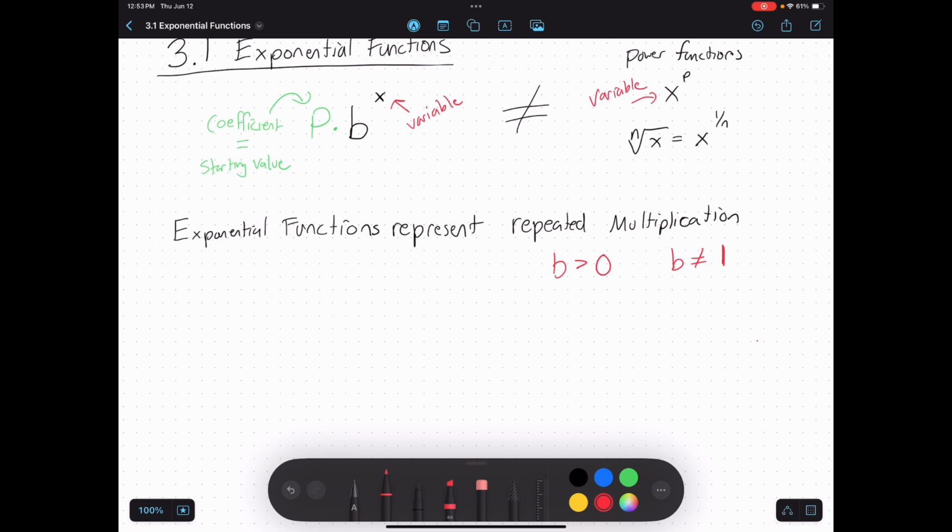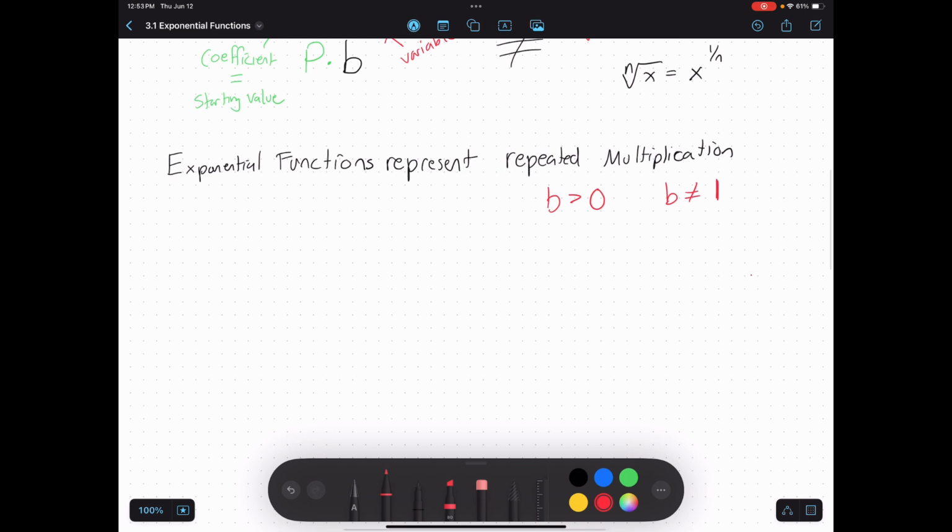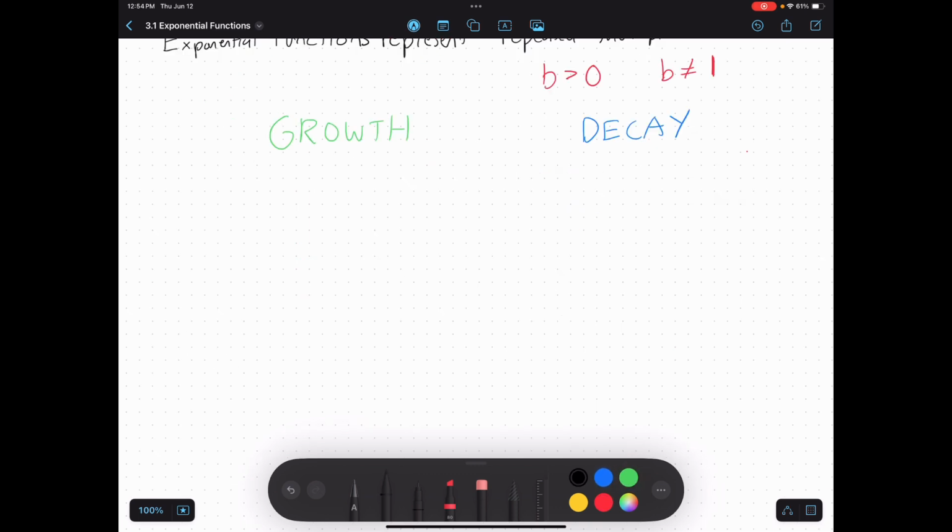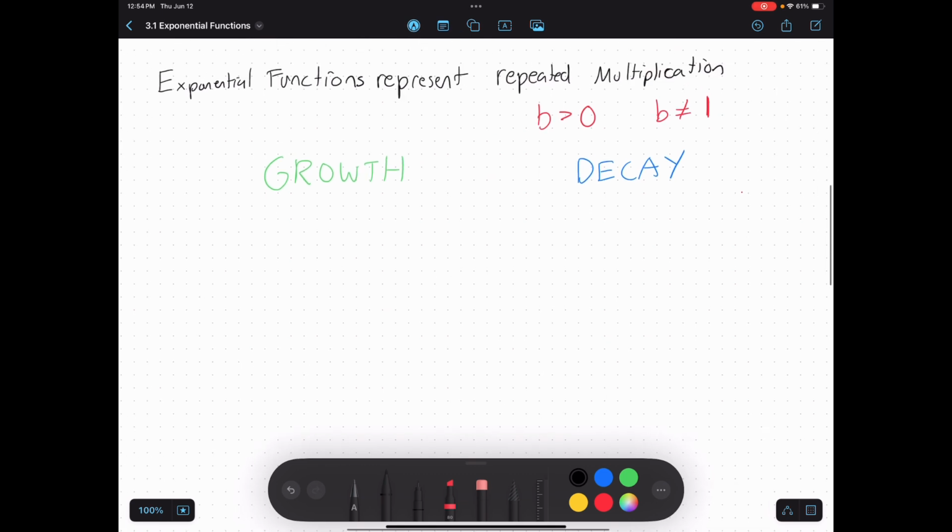So, with exponential functions, that base is always positive, but it's either in between 0 and 1, or it's greater than 1. And what's cool is depending on what that base is, it creates two very different types of functions, known as growth functions and decay functions. So, an exponential growth function represents a function that as you multiply the number by itself over and over again, the value is growing.